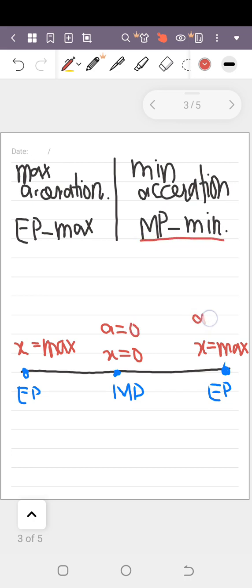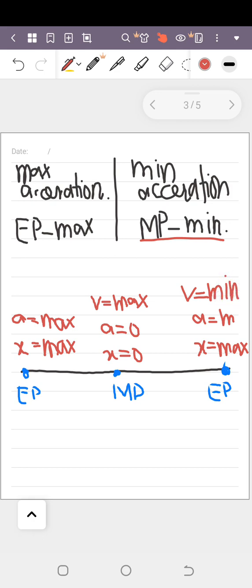At the extreme positions the acceleration is maximum. Last, if you talk about velocity, at the mean position the velocity is maximum, and at the extreme positions the velocity is minimum.